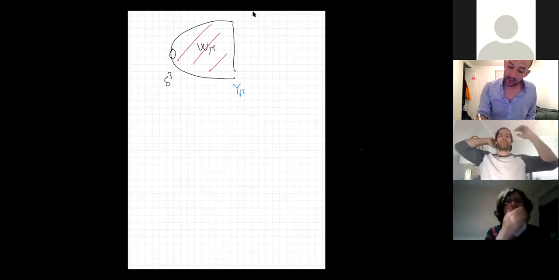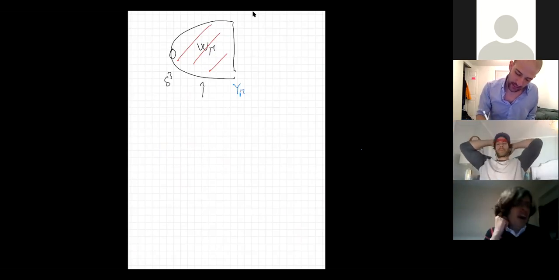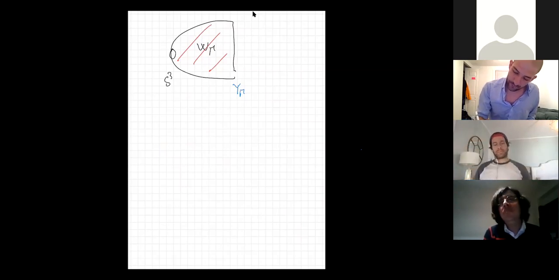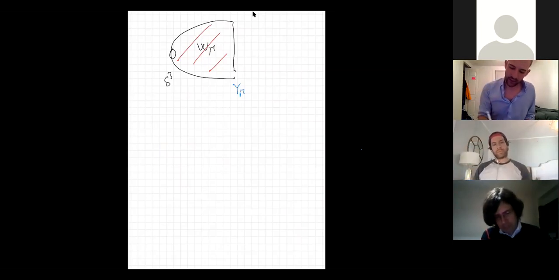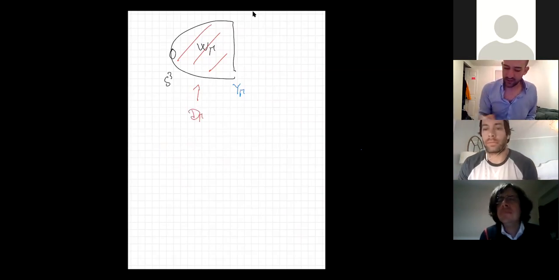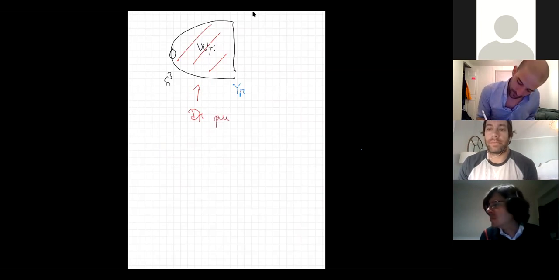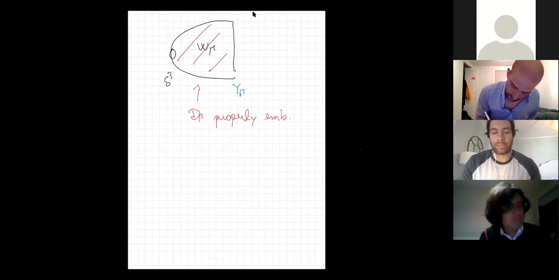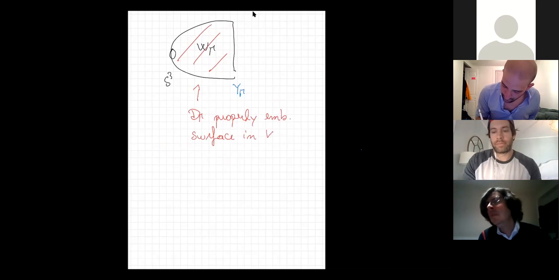It turns out that this cobordism can be equipped with a natural decoration, D gamma, a properly embedded surface in W gamma.